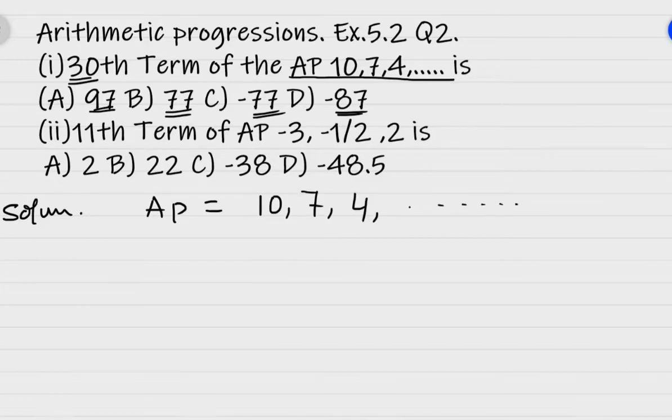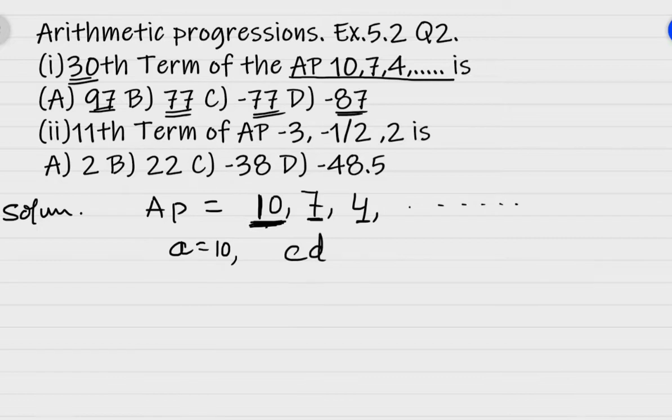Now from here you can calculate two things. See, your first term is 10, that means this is your A. Your second term is 7, your third term is 4 and your first term is 10. From here you can also calculate the common difference. Now see, your A is equal to 10.